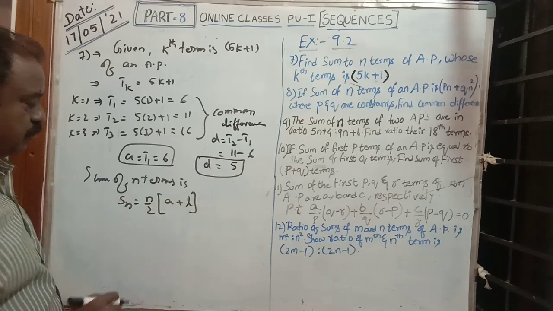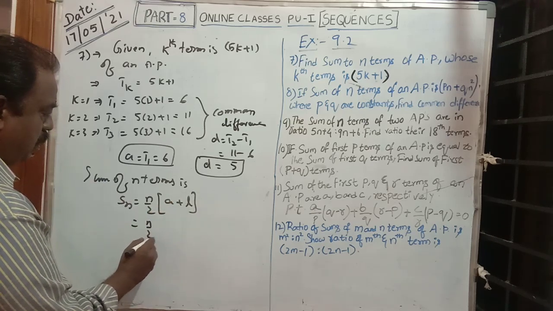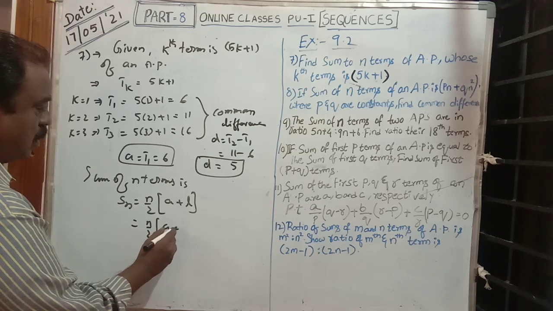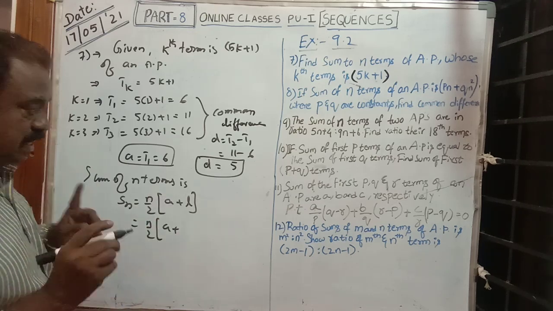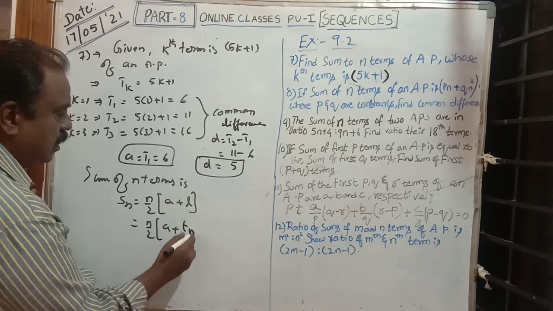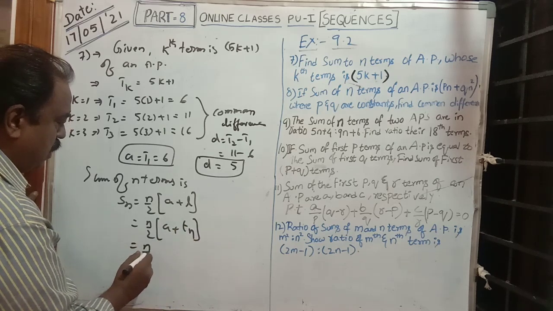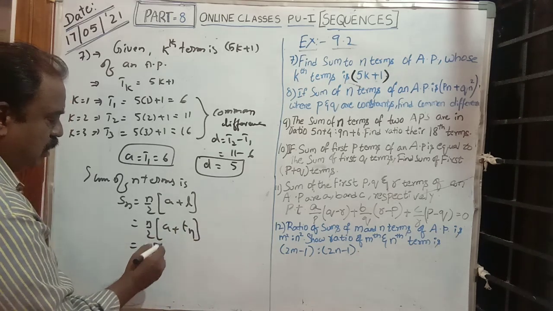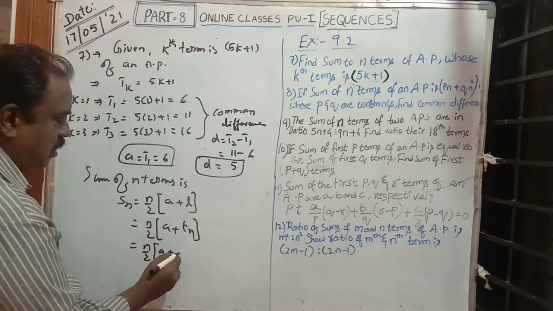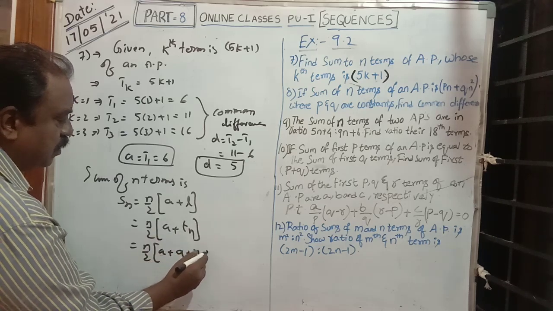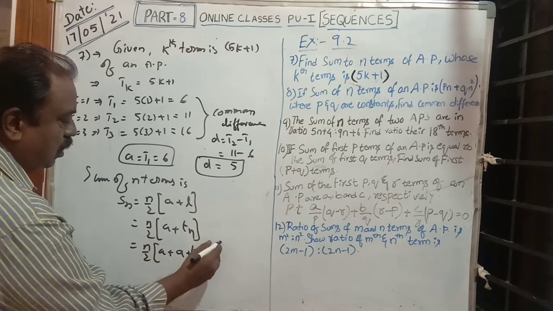Every time I am telling, it is n by 2 of a plus l. L means the nth term, you don't forget that. That is the last term. That means tn is a plus n minus 1 into d.